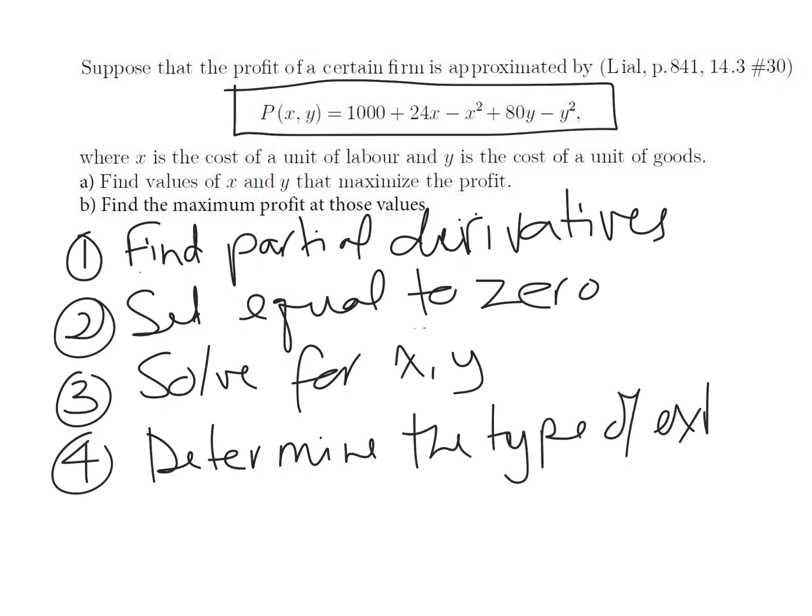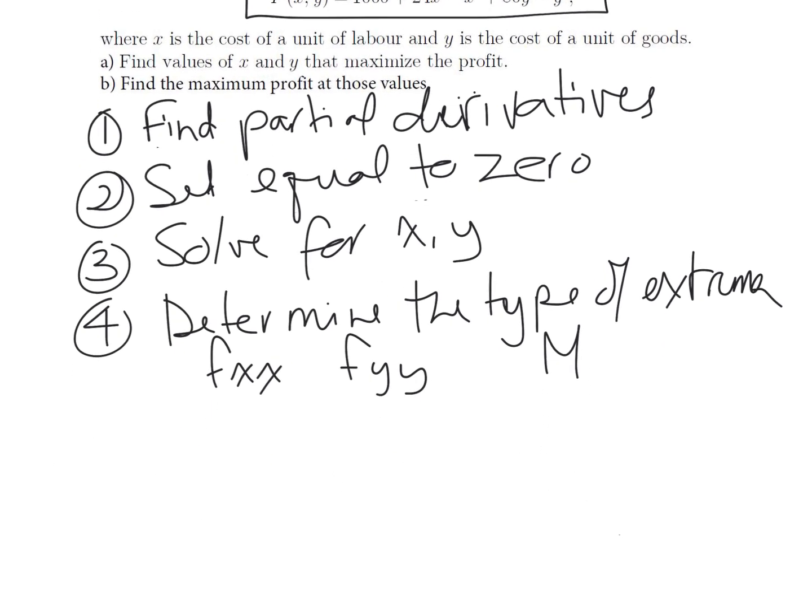So again, that's using our partial derivatives, so our second derivatives and m, those two ways. And then we're going to substitute x and y into the original function.